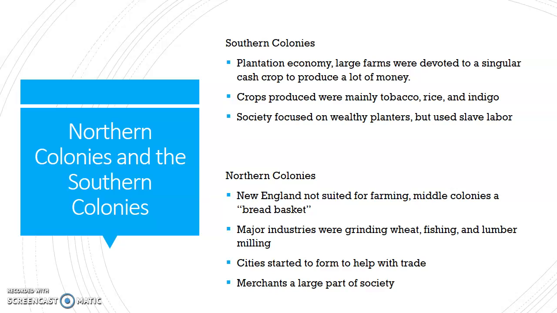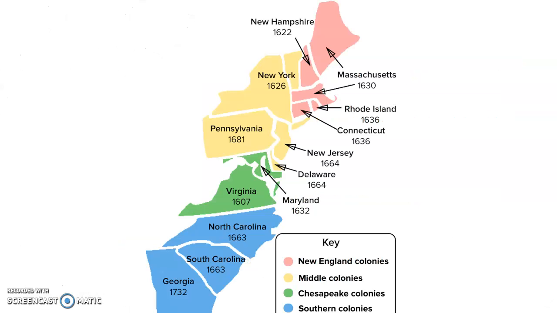So major industries start popping up: they're grinding wheat, they're fishing, they're cutting down lumber to make ships out of. You start seeing textiles, or making fabric. And so cities start to form with trade. We see merchants, people who buy and sell things, kind of being the center of society. But I do want to point out that there were still slaves in the north, especially early on.